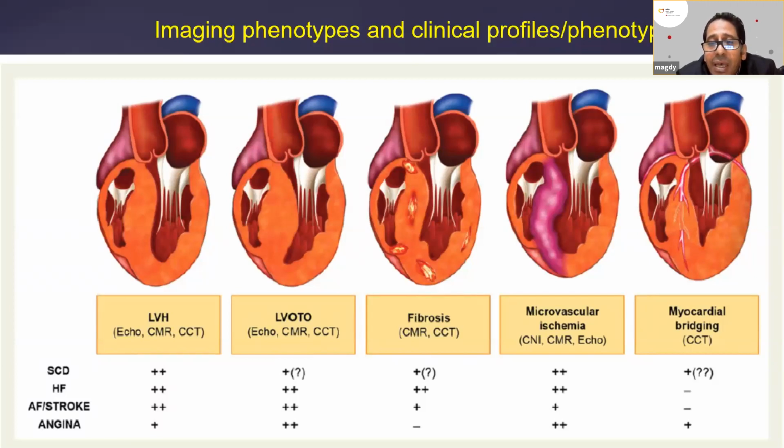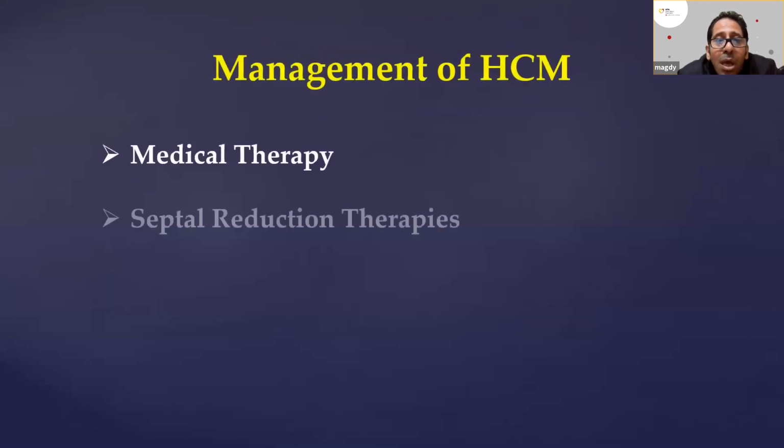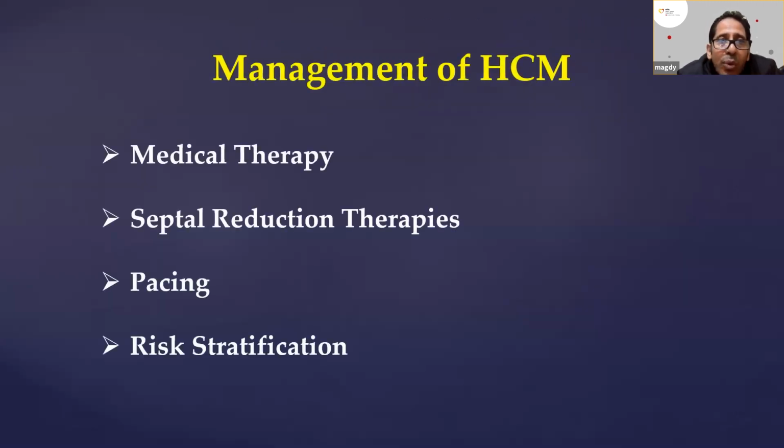Microvascular ischemia detected by nuclear imaging, CMR, or echo also carries the risk of sudden death, heart failure, atrial fibrillation, and angina as well. So we diagnose patients with hypertrophic cardiomyopathy by echo and CMR.